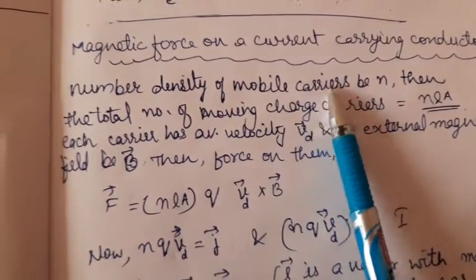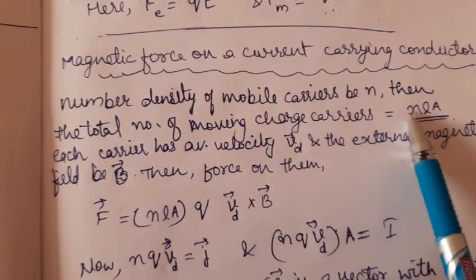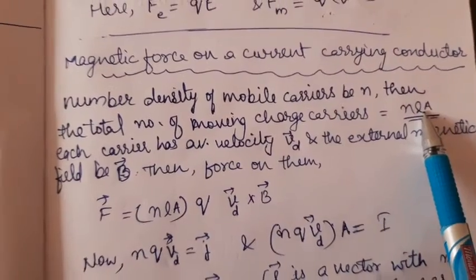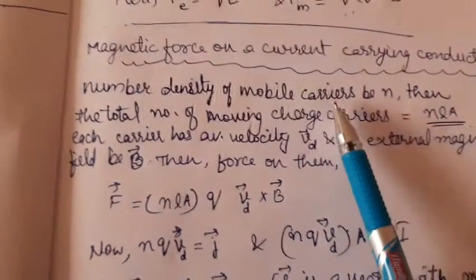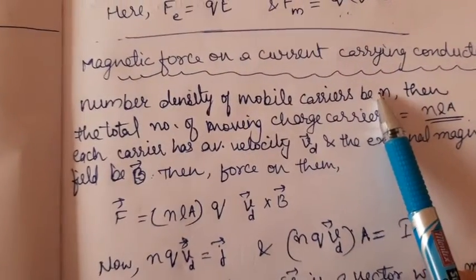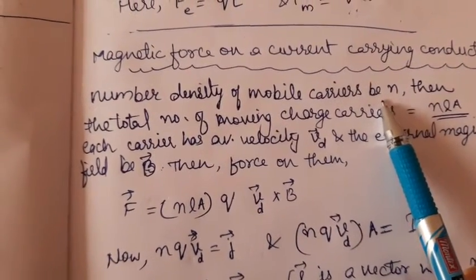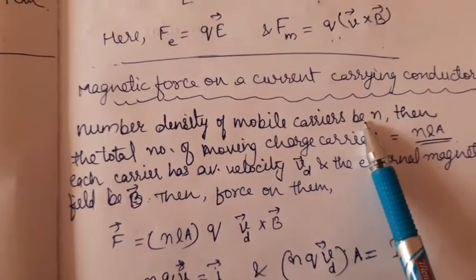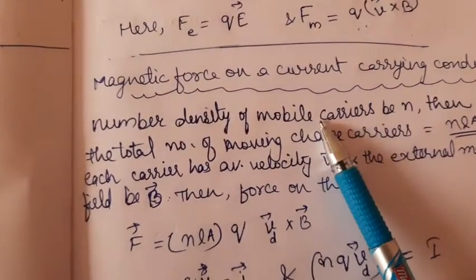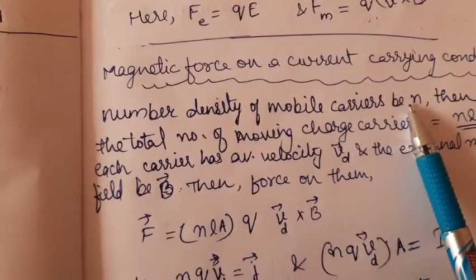So, suppose we have a conducting wire, a conductor of length L and area of cross section A, and suppose the number density of mobile charge carriers, which can be electrons, due to which the flow of charge is taking place, is small n.